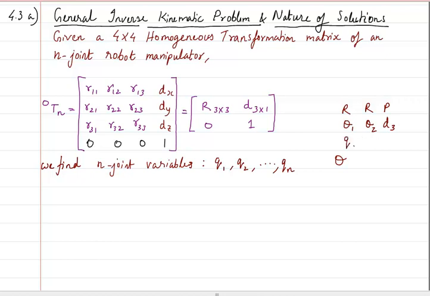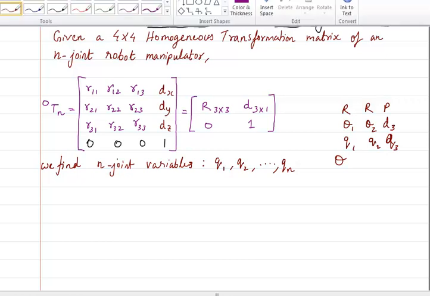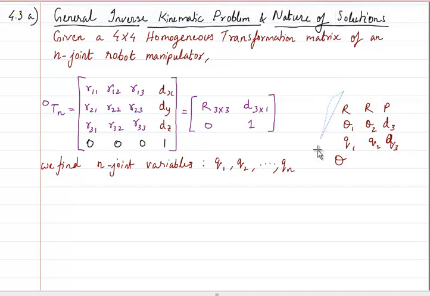I have written these basically as q1, q2 and q3. We should not get confused about why I have introduced q; it's nothing, just notation. So once you have been given this, you have to find the n joint variables.